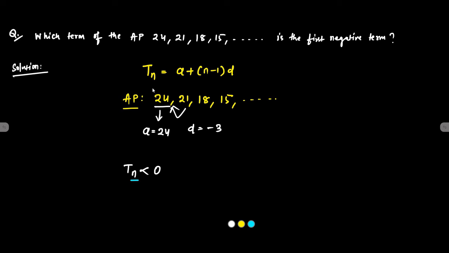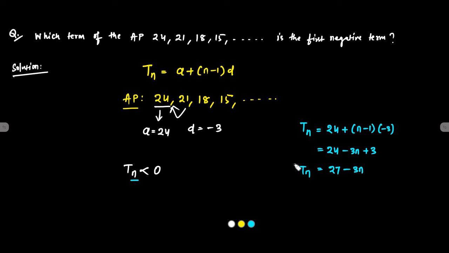Okay, so first we have to find the expression of Tn by substituting 24 and minus 3. So we have Tn is equal to 24 plus n minus 1 into minus 3, which is 24 minus 3n plus 3, which is 27 minus 3n.